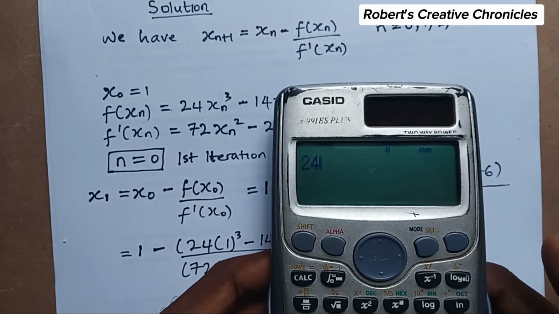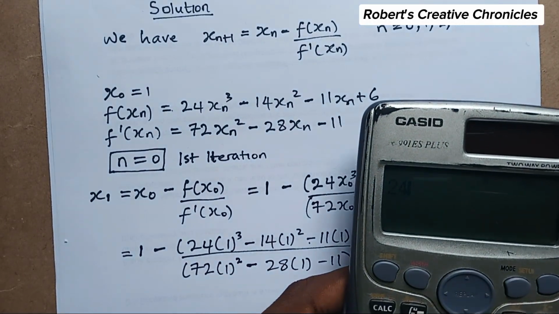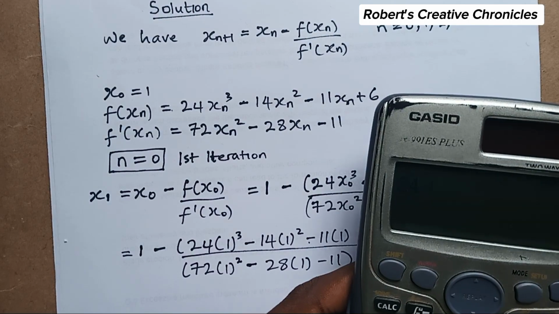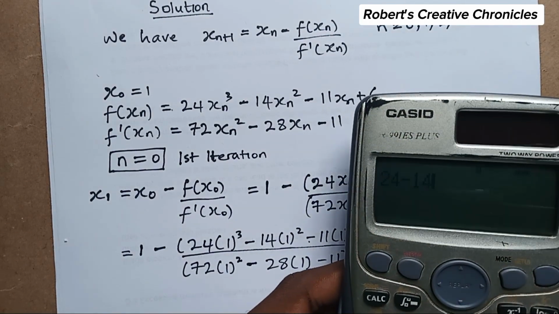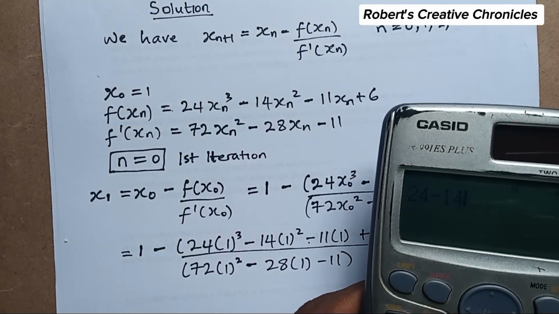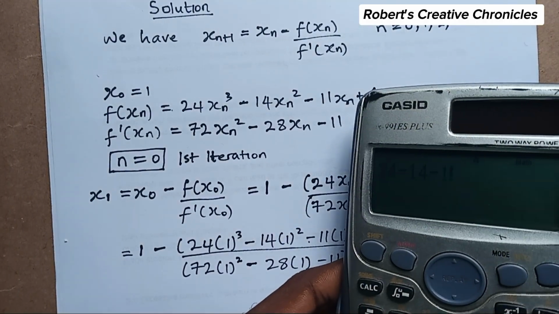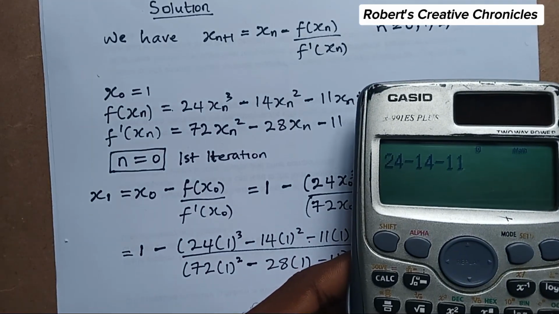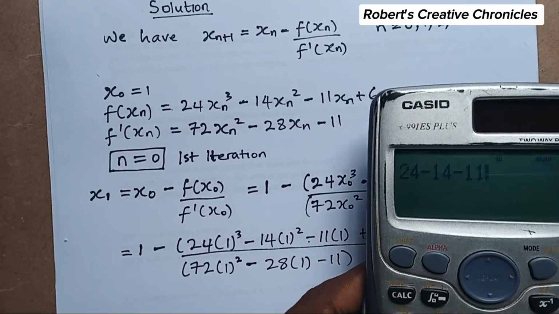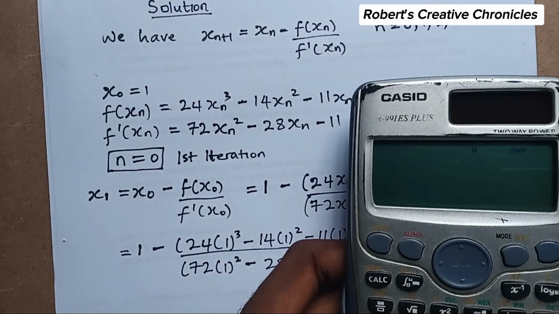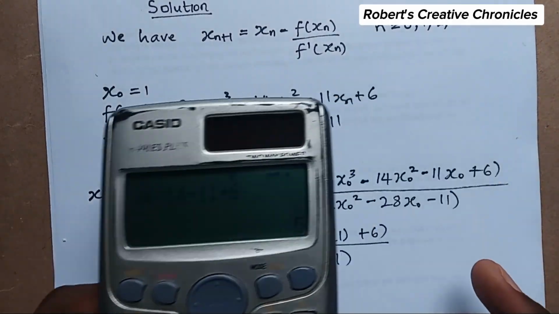Twenty-four times 1 is already 24, minus 14, minus 11, plus 6, equals 5.